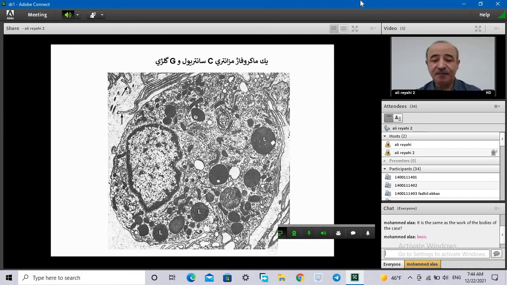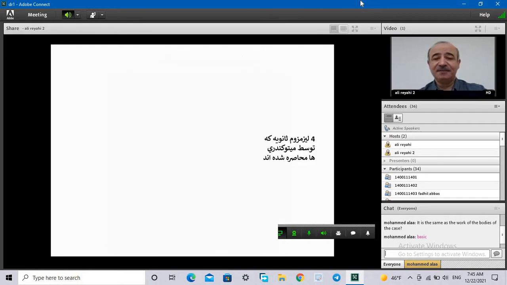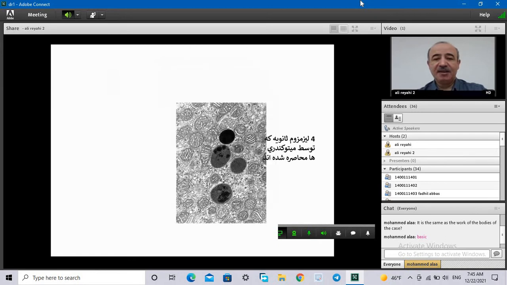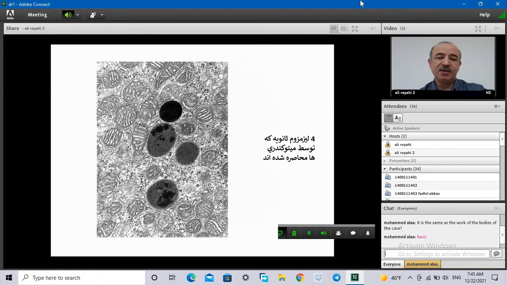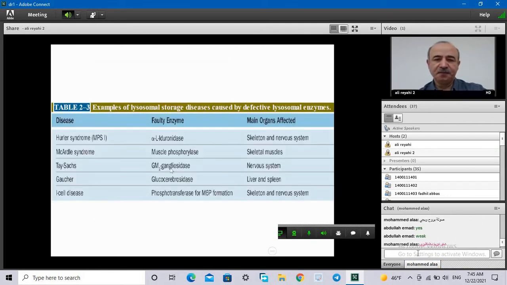You can see the abundant lysosomes in the cytoplasm of the macrophage cell. This picture shows some of these lysosomes within the cytoplasm of the macrophage, and you can see the mitochondria near this lysosome within the cytoplasm of the macrophage cell, okay?